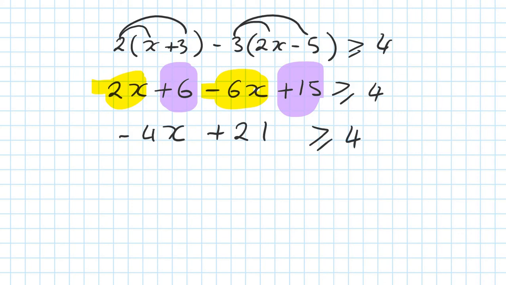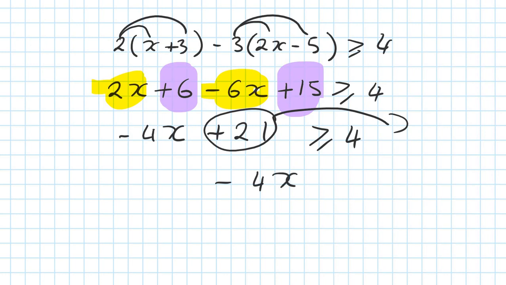All right. Now, the next step is I move the 21 to this side, of course. So that becomes 4 minus 21. So the left-hand side is left with negative 4x, greater than or equal to minus 17. Then I get rid of the negative 4 by dividing by minus 4.